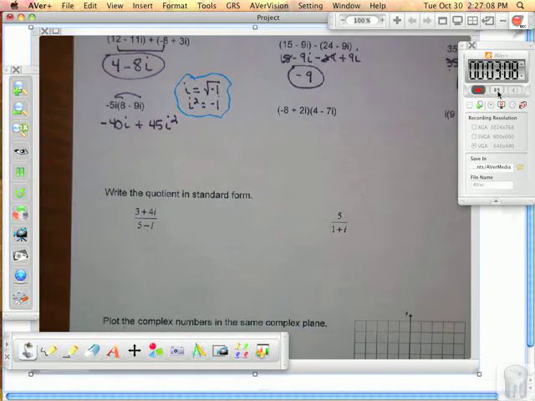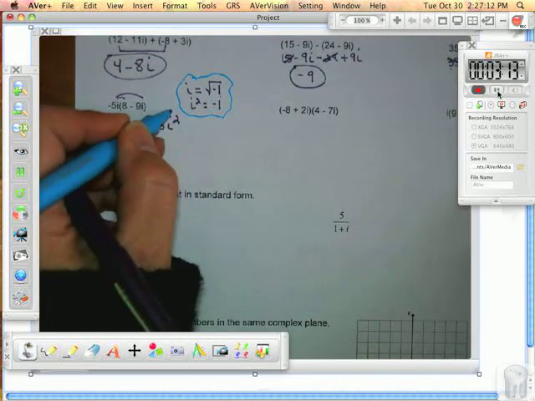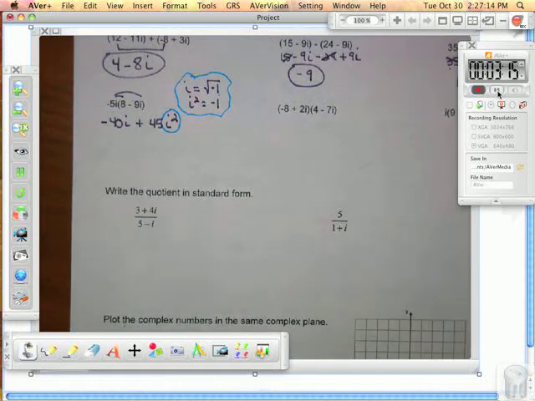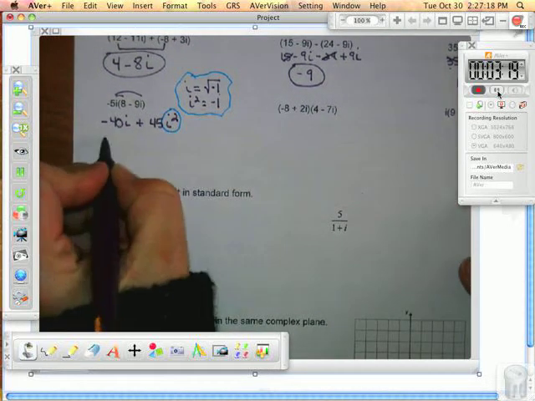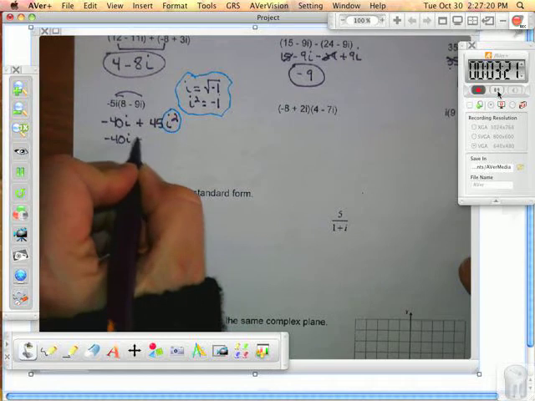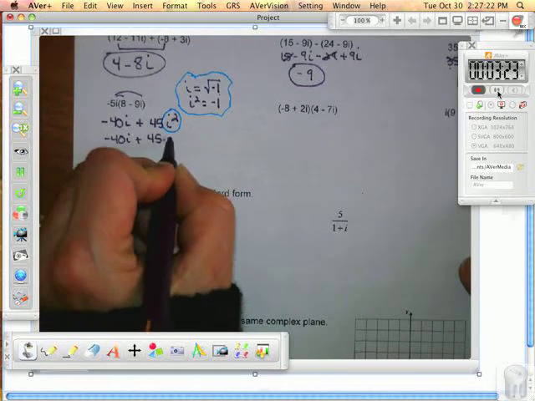I can't leave it like that. Why not? Because i squared is equal to negative 1. So I'm going to write this out, though you don't necessarily have to when you're doing your homework.